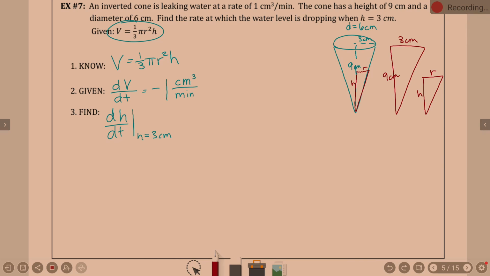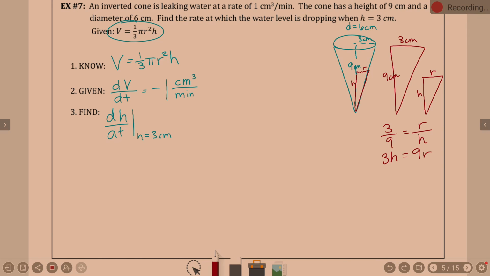You know how to make a proportion? Which way do you make the proportion between similar right triangles? Do you do 3 over 9 and r over h? Or do you do 3 over r and 9 over h? Or do you care? You don't care. The idea here is that 3h is 9r because of cross products.